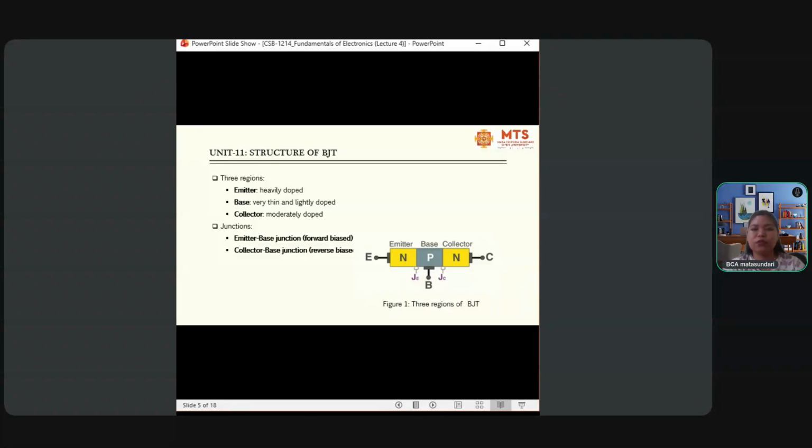It is divided into NPN or PNP. The emitter is heavily doped, the base is very thin and lightly doped, and the collector is moderately doped. The emitter base junction is forward biased, and the collector base junction is reverse biased.